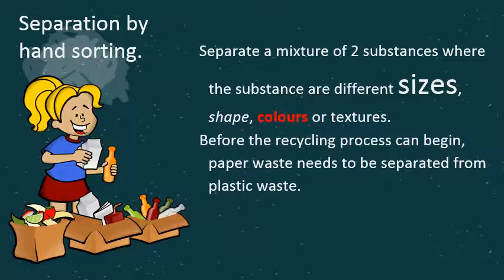Before the recycling process can begin, paper waste needs to be separated from the plastic waste. So that is where you will notice sometimes, well, most of the places, they'll give you a blue bin, a green bin, and I think a red bin. So the blue bin is usually for the paper.